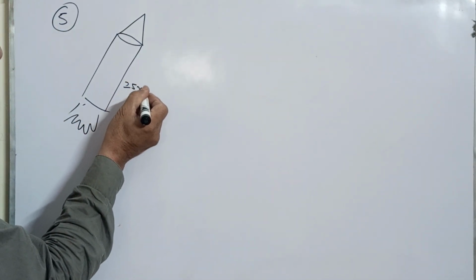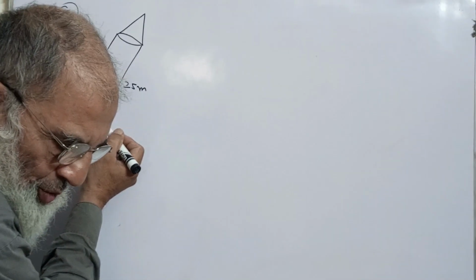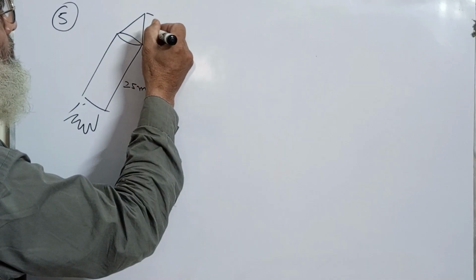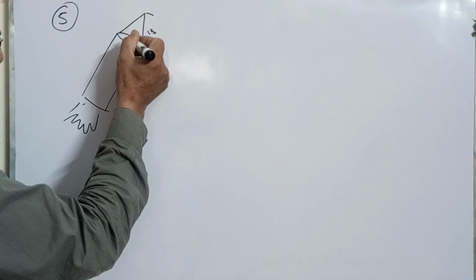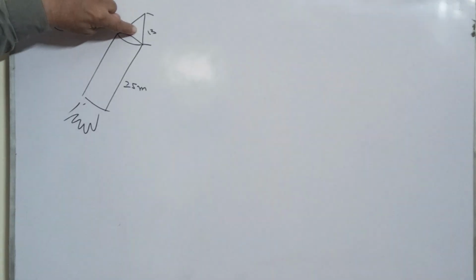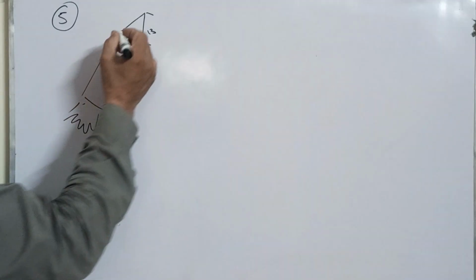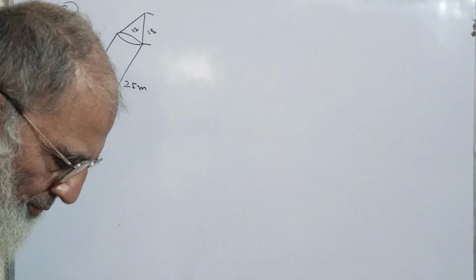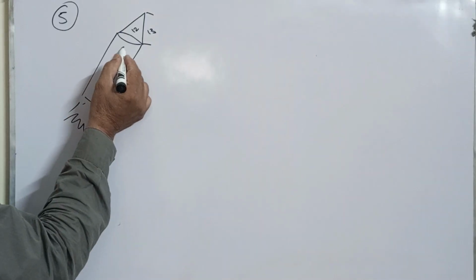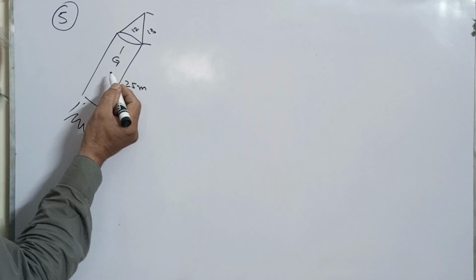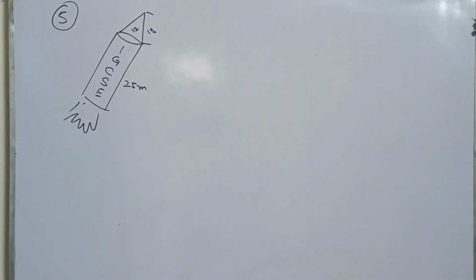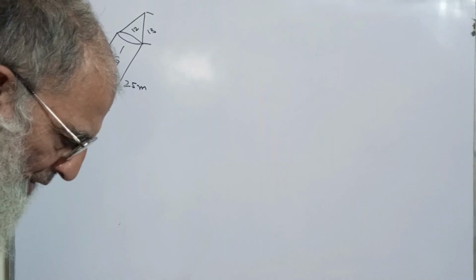It is 25 meters long, this is 13 meters, and the vertical height of this cone is 12 meters. It is going to IGCSE. Anyway, find the surface area of the rocket.